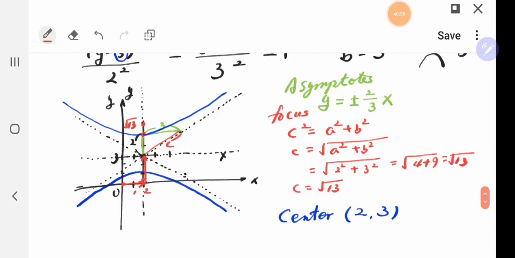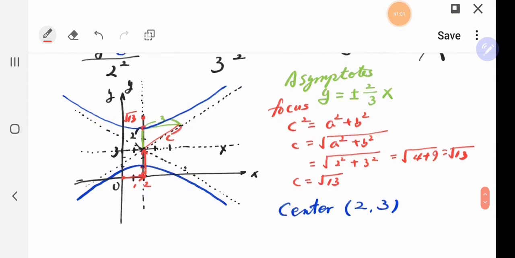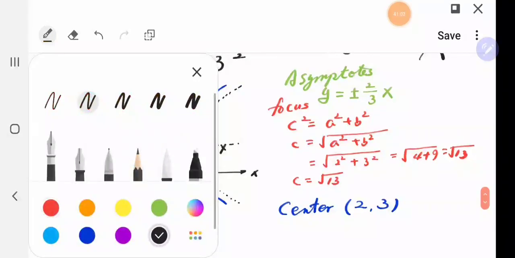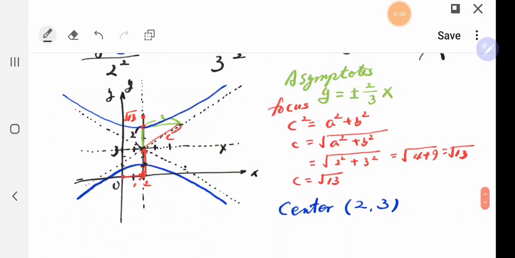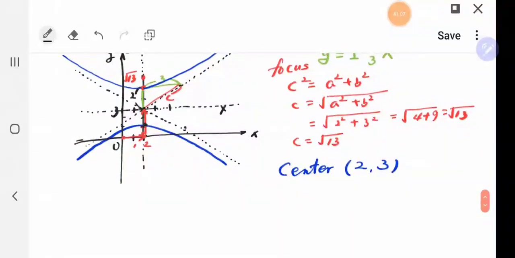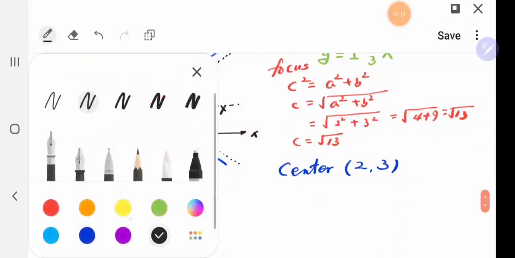Okay, let's find the coordinate for each vertex. So the coordinate of this vertex will be, okay, use a different color.